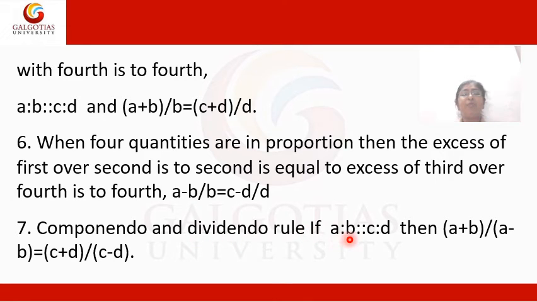If A is to B proportion C is to D, then A plus B upon A minus B is equal to C plus D upon C minus D. This is the componendo and dividendo rule.